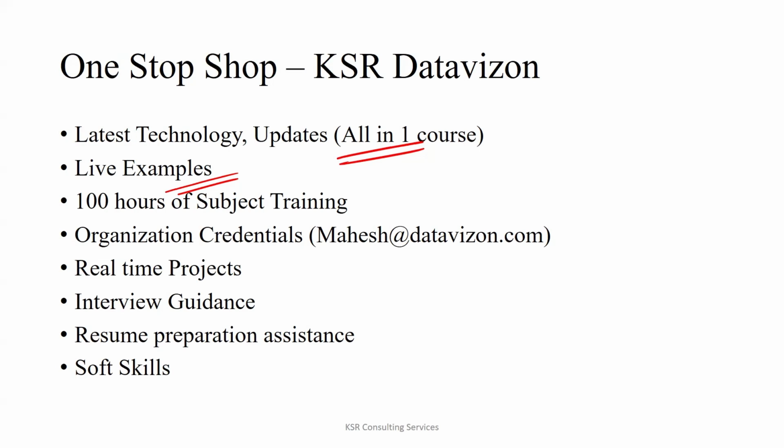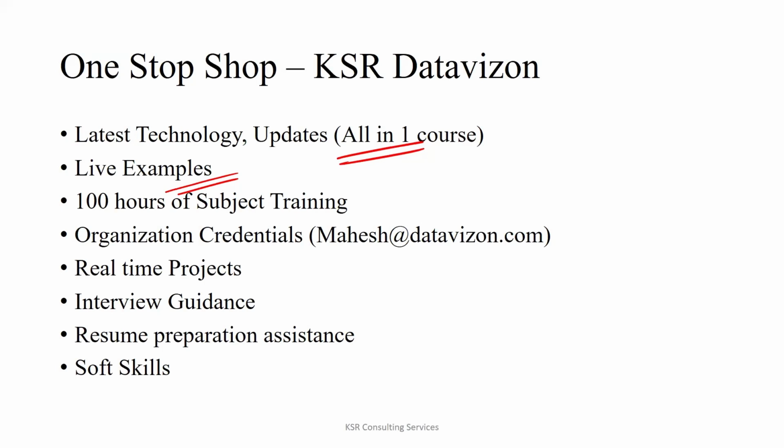Okay, apart from that, if you want to use Power BI, 100% you have to have an organization email ID. Without the organization email ID, you will not be able to get that real-time experience of working in a company. Here in KSR, each and everyone who joins with us, we will be giving an organization email ID.